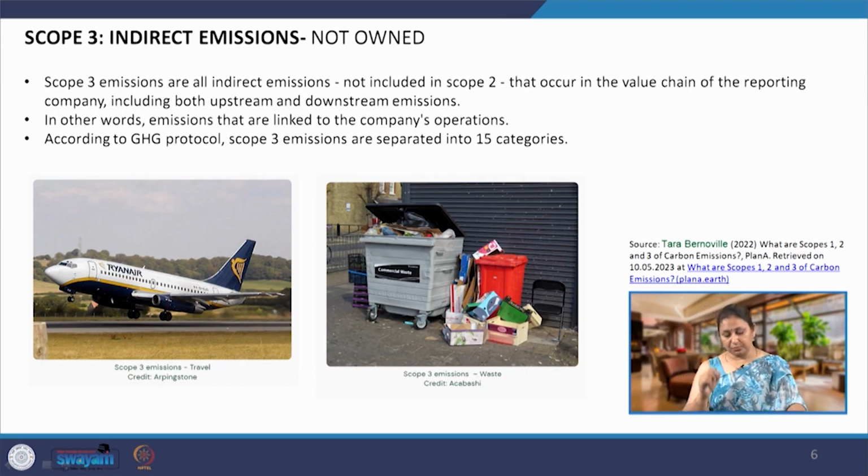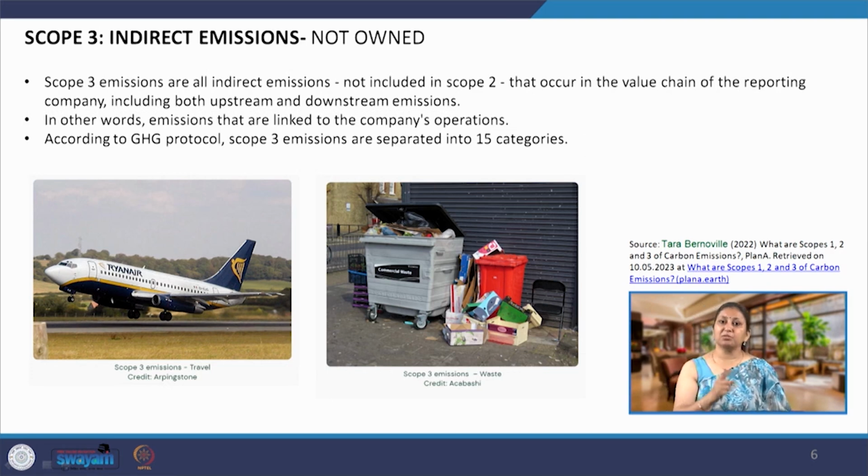But if I have to put it simply, if all companies across the world take care of their scope 1 and scope 2 emissions, which is the direct emission, including the manufacturing process, then all the emissions resulting from the manufacturing process, the direct emissions plus the indirect emissions from my owned resources, are eventually going to become scope 3 for some other company.